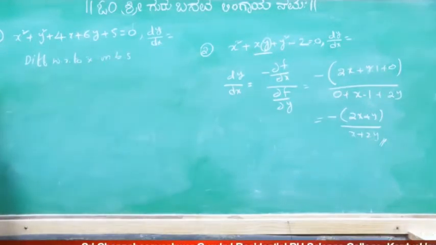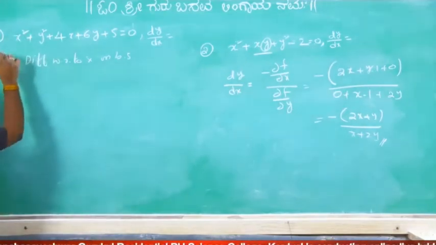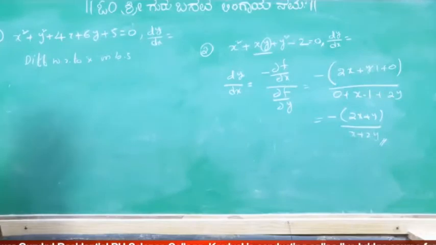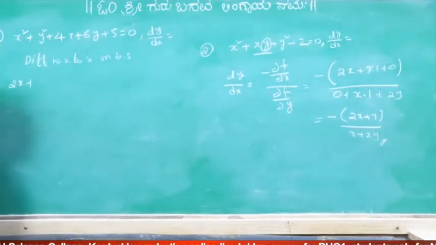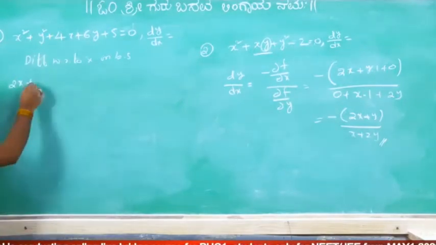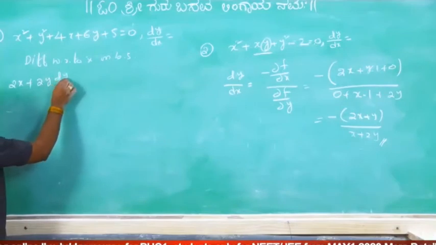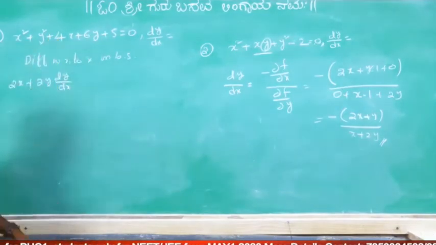Okay. Now differentiation of this equation means differentiation of x square is what? Listen. Differentiation of x square is 2x. Plus differentiation of y square is 2y dy by dx, because we are doing differentiation with respect to x, here y is there.